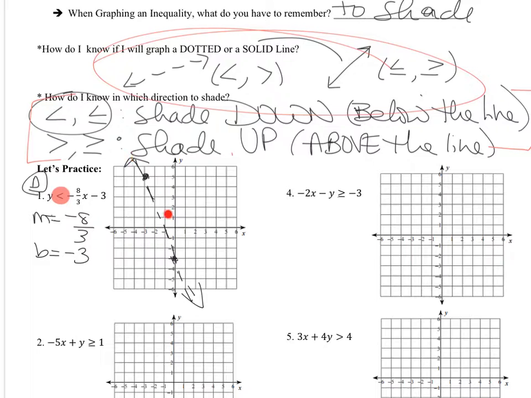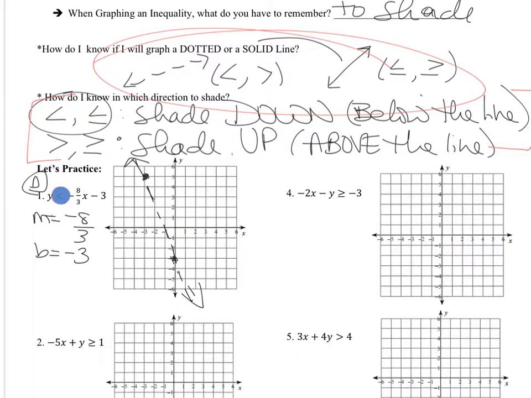Pretend I'm taking a pair of scissors and cutting along this dotted line. I cut my coordinate plane into two pieces, this piece and this piece. Would you agree with me? So I have to ask myself, am I going to shade on this side or on this side? How I know is I go back and look at my inequality symbol.